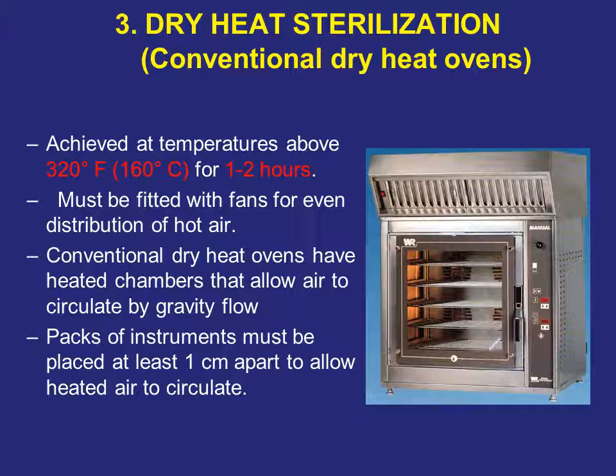Conventional dry heat ovens have heated chambers to allow the air to circulate by gravity flow. The instruments placed in the oven should be apart by 1 centimeter to allow the air to circulate, so that penetration reaches all the instruments.